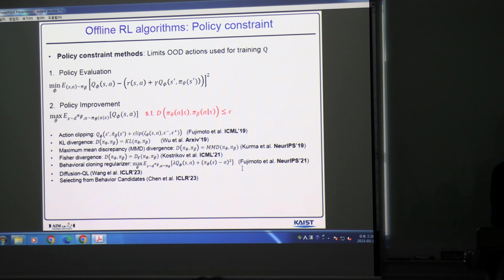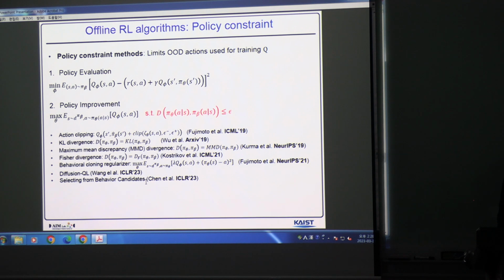One disadvantage of this method is that we first need to learn the behavior policy pi beta. If the dataset is multi-modal and we use a simple Gaussian policy, it cannot fit the multiple modes.